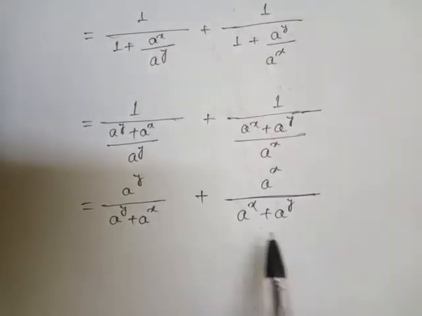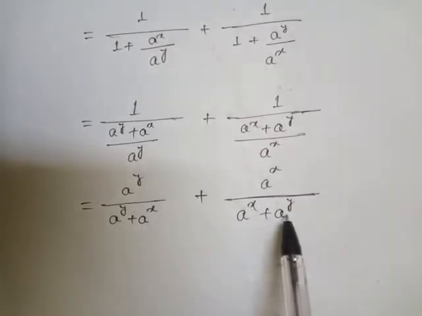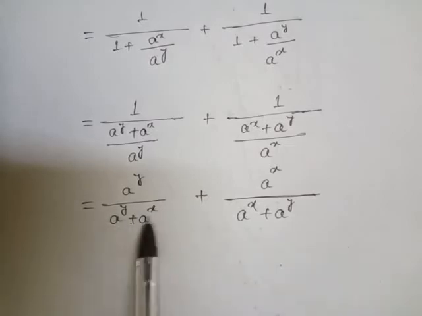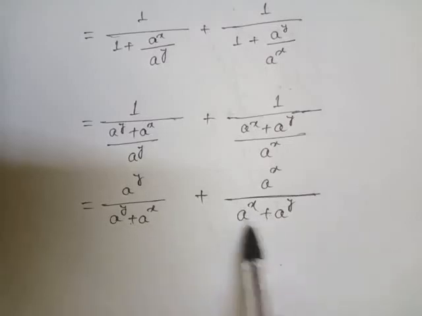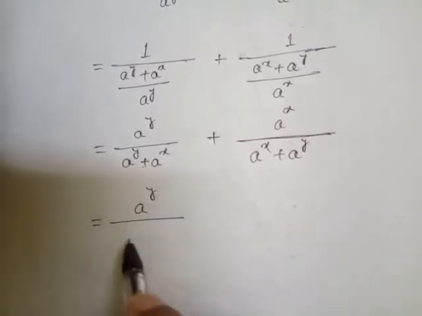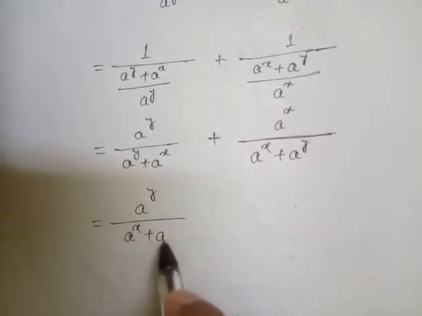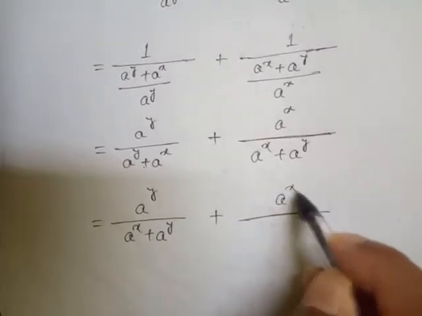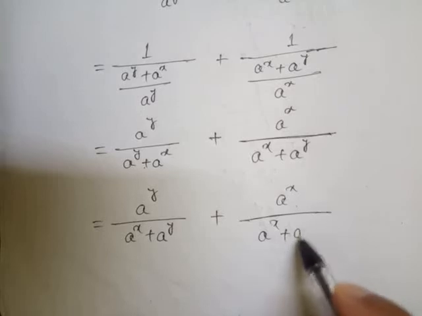Now look, there is a to the power x, there is a to the power y. Since there is a plus sign, we can interchange the first and second, and the denominator will remain the same. Next, a to the power y over a to the power x plus a to the power y, plus a to the power x over a to the power x plus a to the power y.